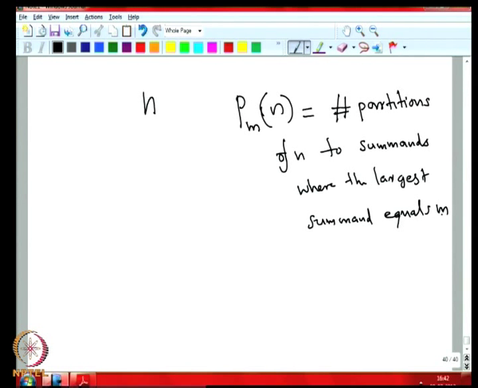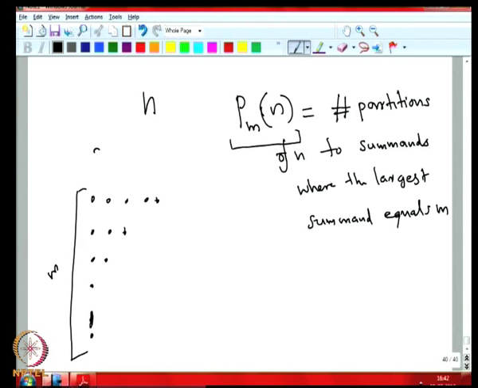Why is it so? Because if you consider a partition of n into m summands, it will look like this: some first row, then a second row, then a third row, then a fourth row. So there will be m rows, because m summands are there. Always such a partition will have m rows.